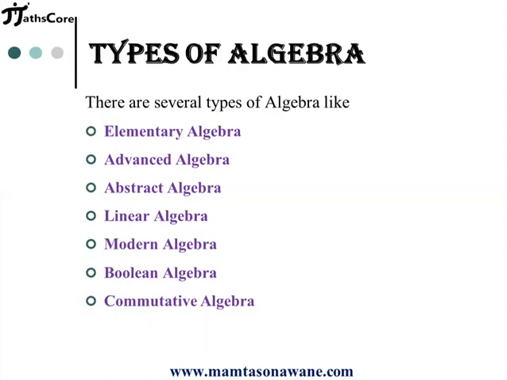Some other types are available for graduation level. One by one we will discuss what is meant by each, and which part of mathematics is included in all these kinds of algebra.